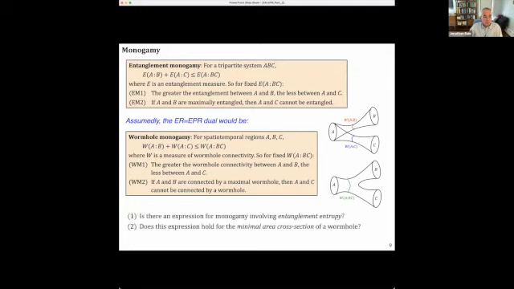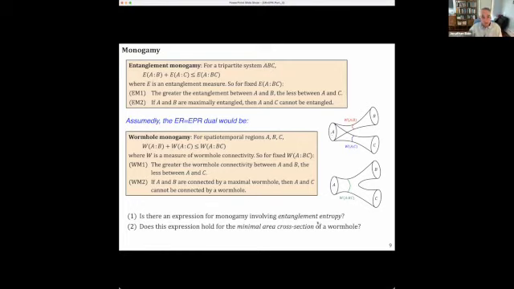So now there are two questions. The first is, can we formulate an expression for monogamy in this general sense, specifically one that involves entanglement entropy? Naively, that's a non-trivial question insofar as entanglement monogamy is defined with respect to a tripartite system, and we've been considering entanglement entropy up till now simply as a measure of entanglement for a bipartite system.